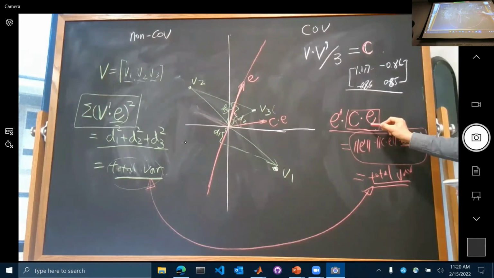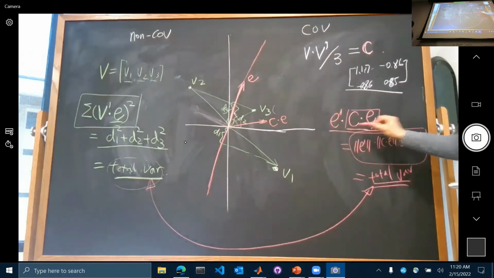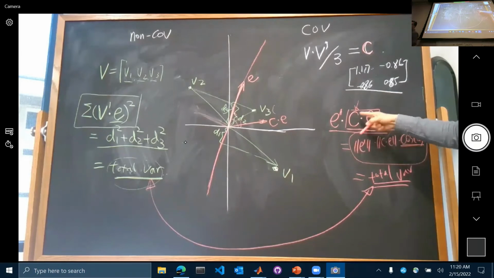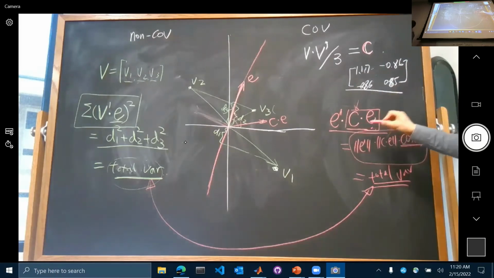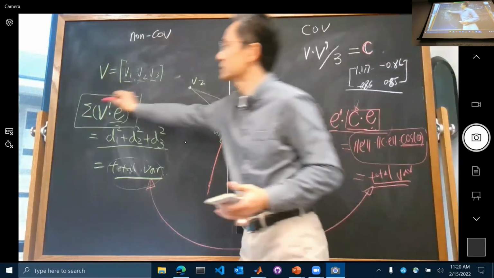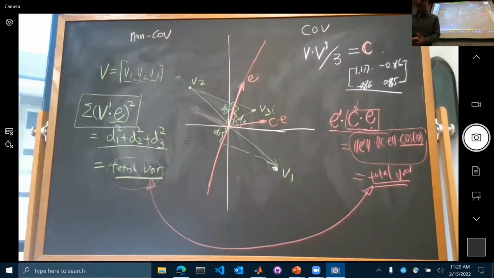Make this large to find an E. This is fixed because you have data. Maximizing this equation is the same as maximizing this equation. The red and green are the same.